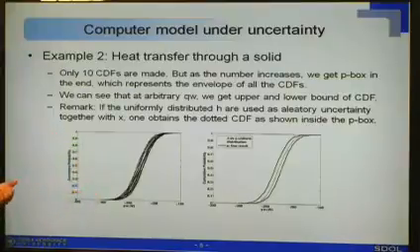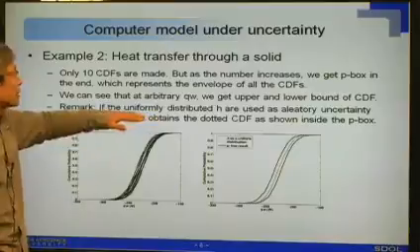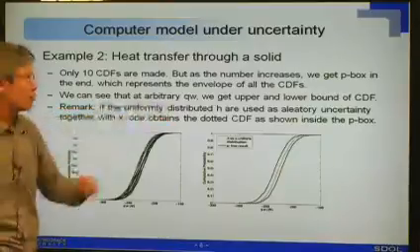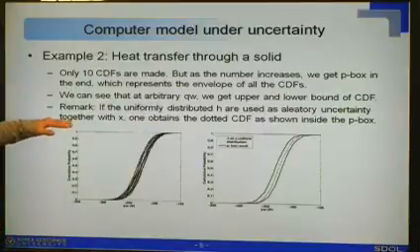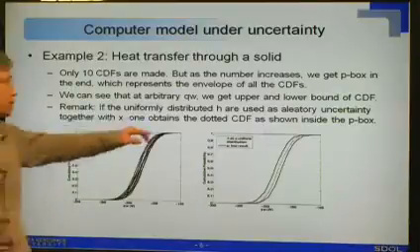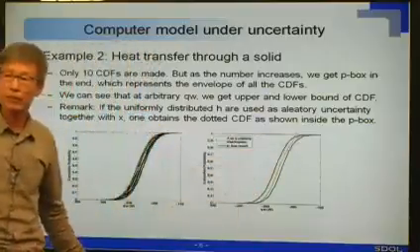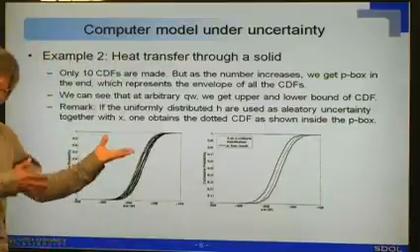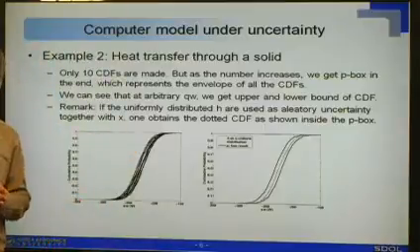The P-box comes from the epistemic uncertainty. When we treat this uniformly distributed H as another aleatory uncertainty together with K, one will obtain the dotted CDF here. And this should be distinguished from the one that we are considering.